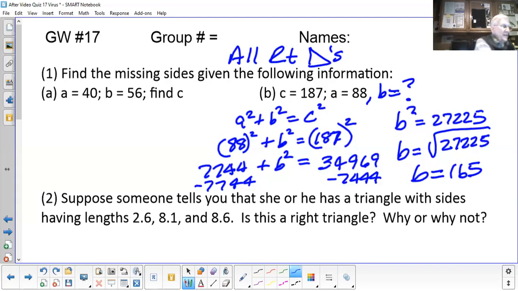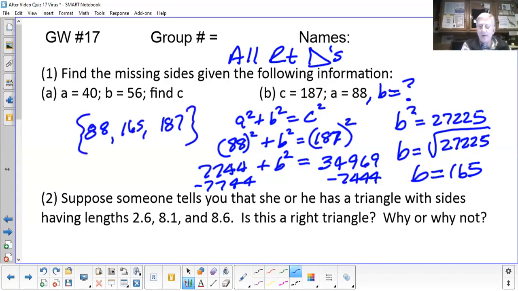In other words, the answer 88, 165, and 187 has a name. And it is called a Pythagorean triple because these are three numbers that fit the rule of Pythagoras, okay, in such a way that they come out exactly even, no irrational numbers, okay? Now we're going to talk more about that in a video I'm going to show you later in this presentation, okay? So we'll come back to that.